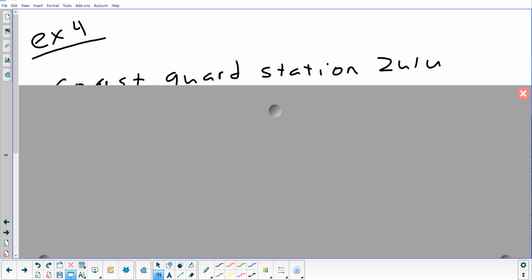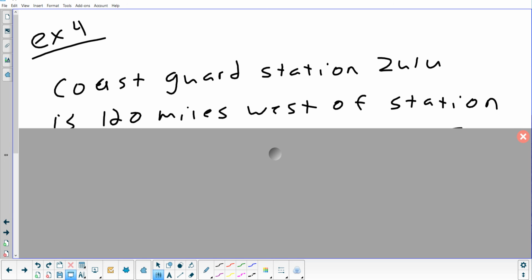So the way this is going to work is we have two different Coast Guard stations that each are going to be able to see that speck of light. If only one Coast Guard station can see it, then this doesn't work. You have to be able to see the same thing from two different spots. And you have to know the distance between the two spots that are seeing the object.